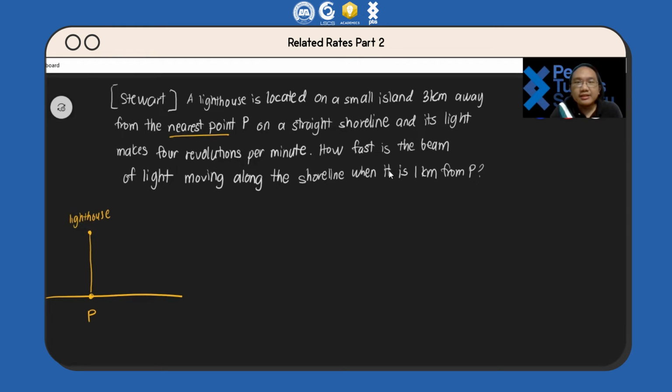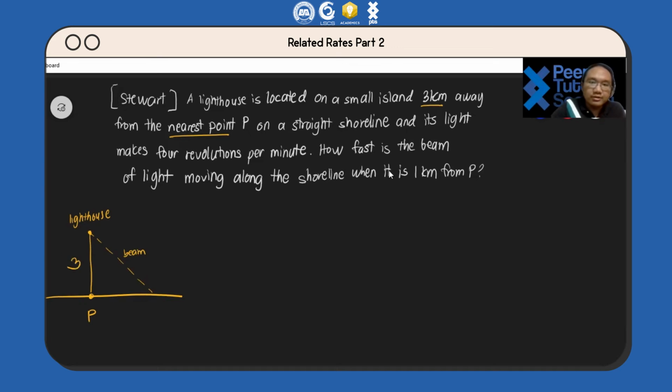And from the lighthouse, it emits a beam of light. So let's say the beam of light is this. There, that's the beam. So it's 3 kilometers away. In this problem, we only have one constant, that's 3 kilometers.